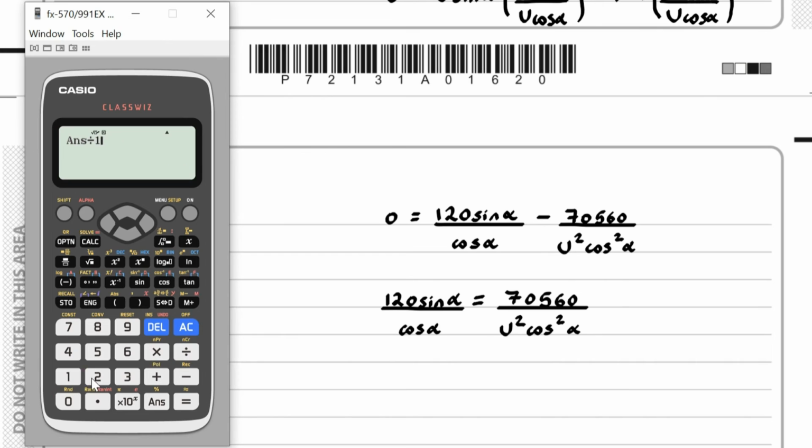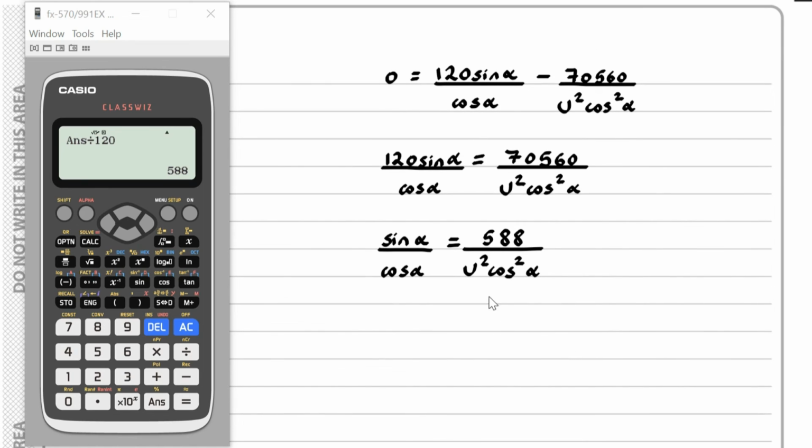And if I divide this by 120, I get 588. And so sine alpha over cos alpha is equal to 588 over u squared cos squared alpha.